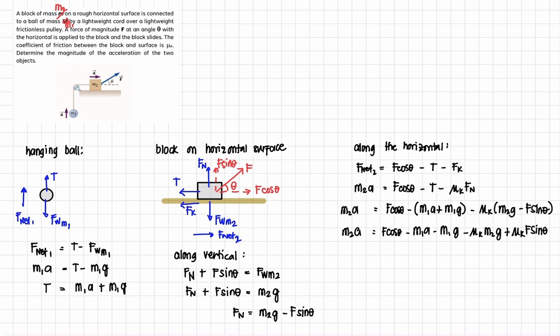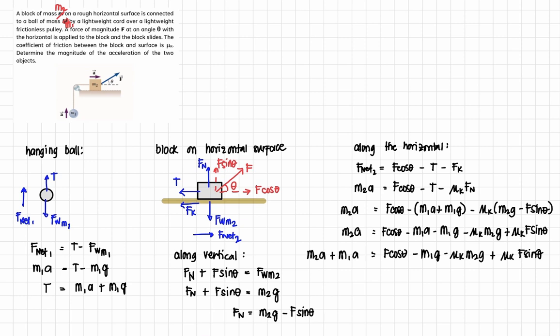Since we're looking for acceleration, we're going to group together all the terms with the variable a. So we're going to transfer this to the left side. So m2a plus m1a equals F cosine theta minus m1g minus mu k m2g plus mu k F sine of theta.